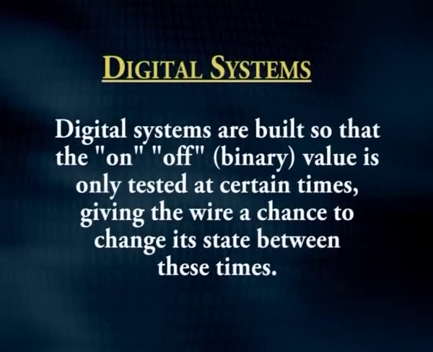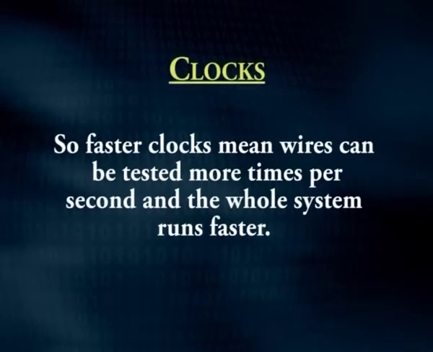Digital systems are built so that the value is only tested at certain times, giving the wire a chance to change its state between these times. This is why computer systems have a clock, that is to keep all the times synchronized. So, a faster clock means wires can be tested more times per second and the whole system runs faster.